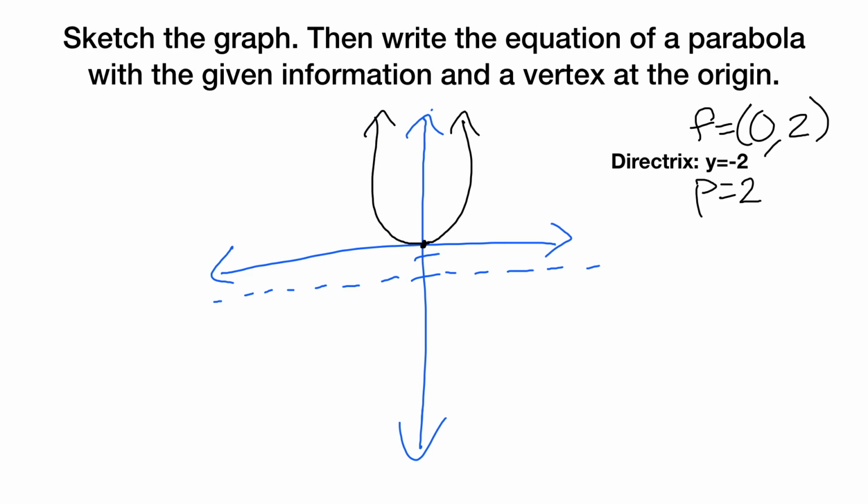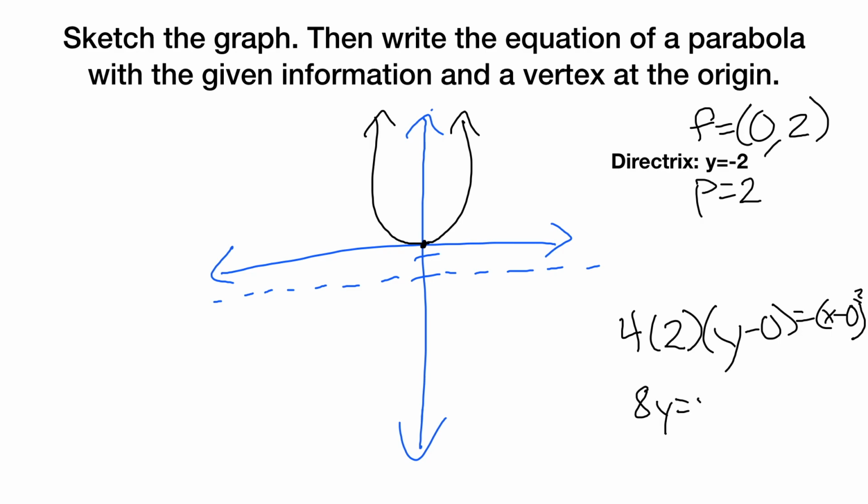And this would be what our equation would look like. And to be fair, we've already done this one. It was 4 times 2 times y minus 0, because it's going up and down, equals x minus 0 squared, or 8y equals x squared, or y equals x squared over 8.